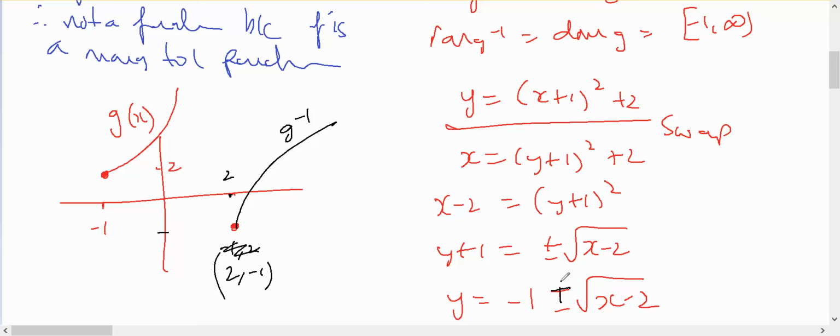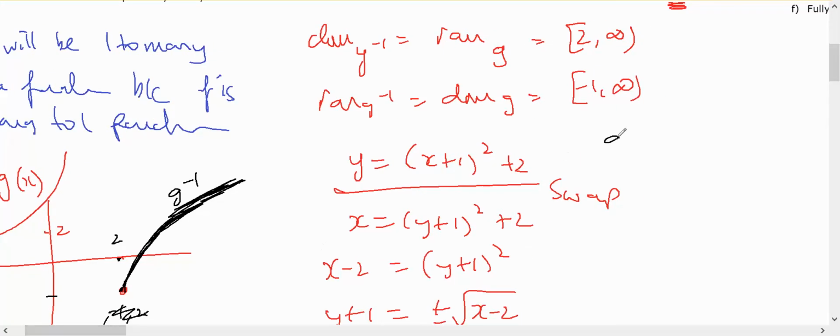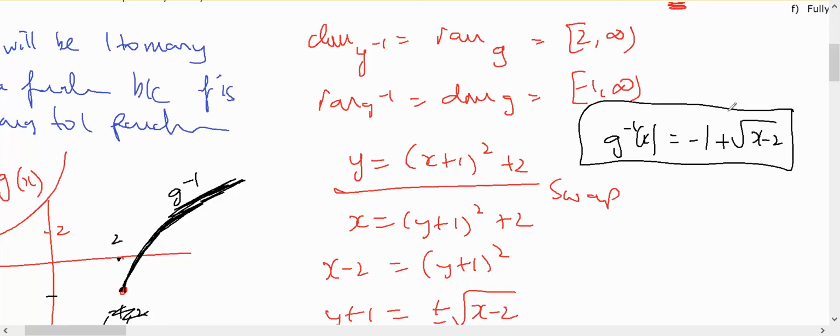Therefore, I want the positive square root in this case because the inverse is the positive square root. So, coming back up to here, I've got g inverse of x equals -1 plus the square root of x minus 2. And there's its domain and range.